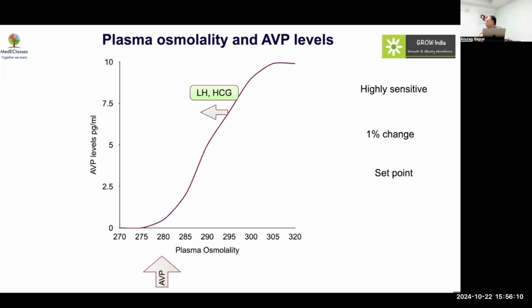Pregnancy. So the key regulator here is not really pregnancy, it's the HCG or LH. LH and HCG act in pregnancy, and where else do you have a very high level of LH? Not puberty, during the ovulatory phase. So post ovulatory phase, you will have a lot of LH and HCG, which will shift it towards the left side.